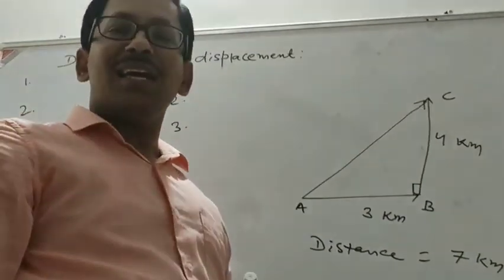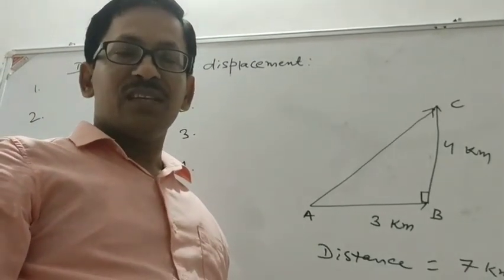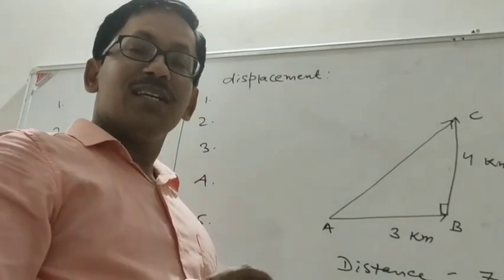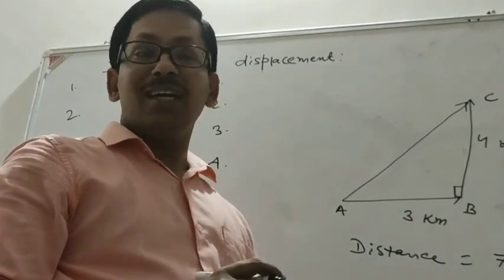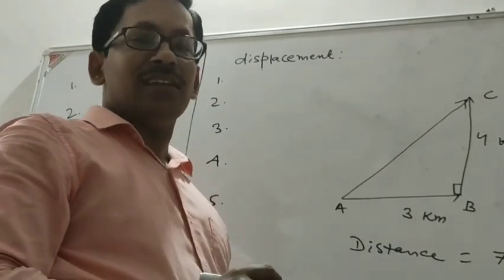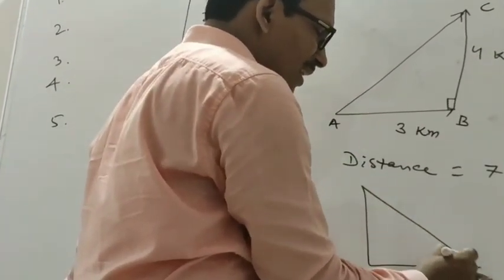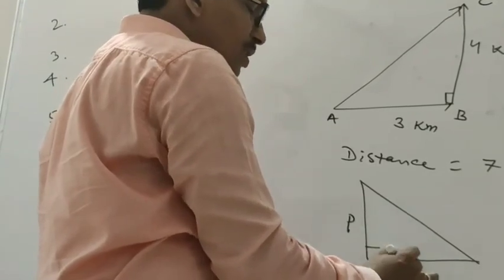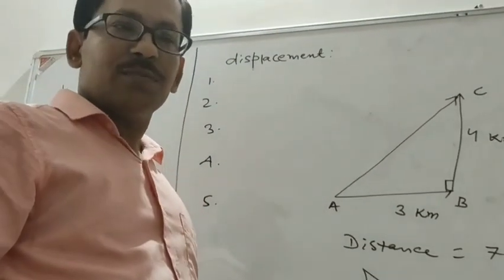You can apply a theorem called Pythagoras theorem. Pythagoras theorem gives a relationship between the three sides of a right angle triangle. Suppose there is a right angle triangle. This is called your perpendicular. This is called base. This is called hypotenuse. There is a relationship.